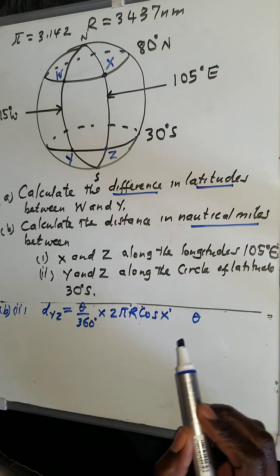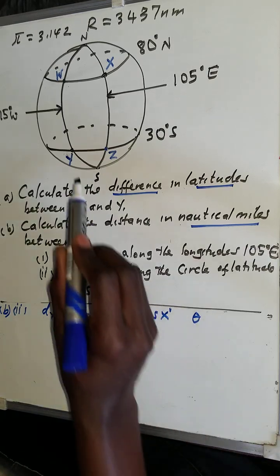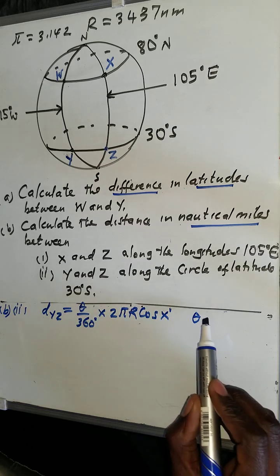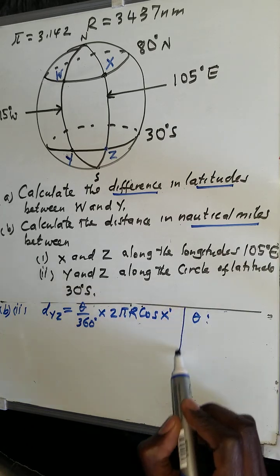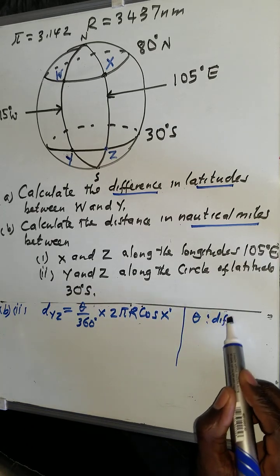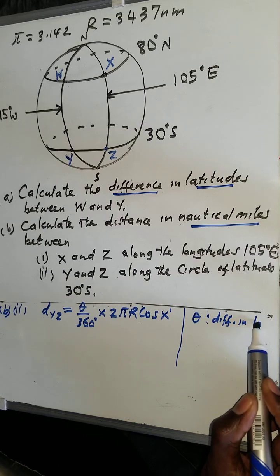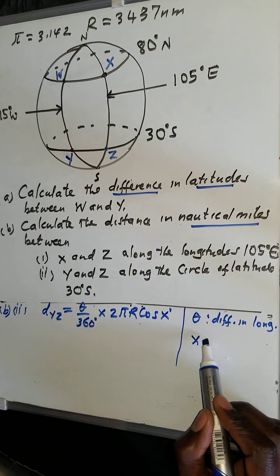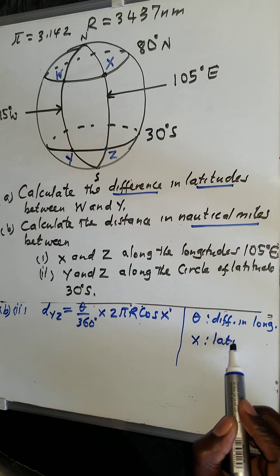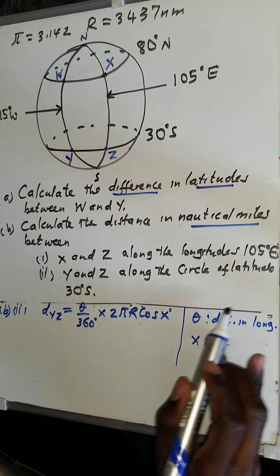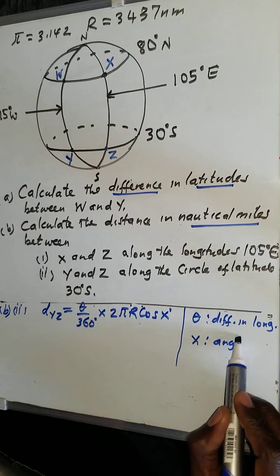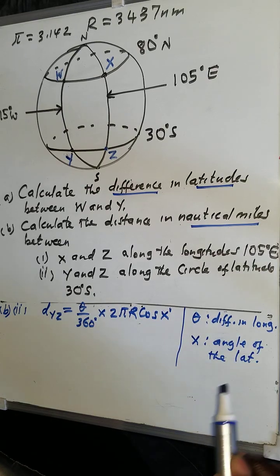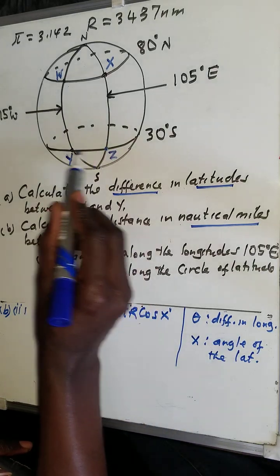Remember, my theta, when you're calculating distance along the latitude, is simply representing the difference in longitude, and that x is the latitude. In other words, the angle of the latitude on which the 2 points are lying.